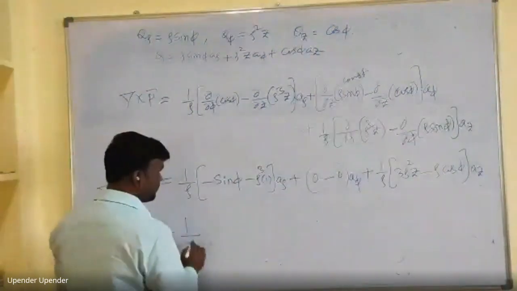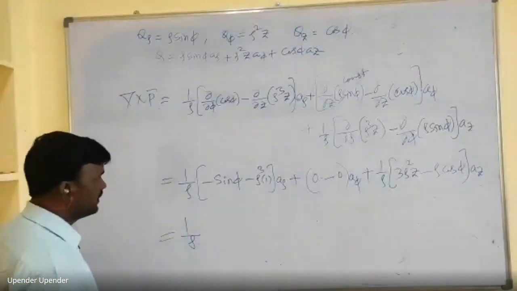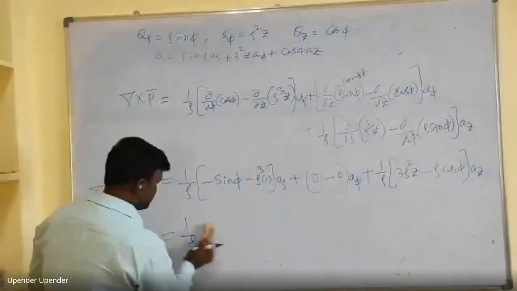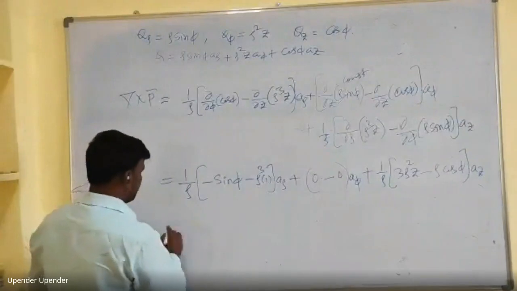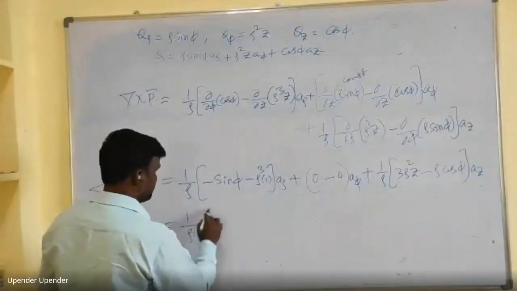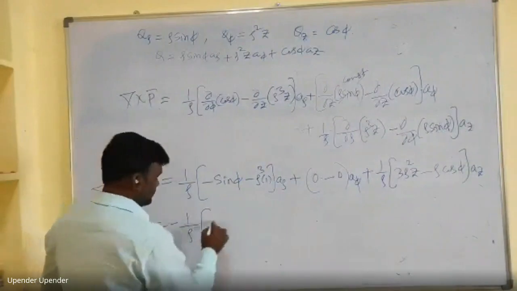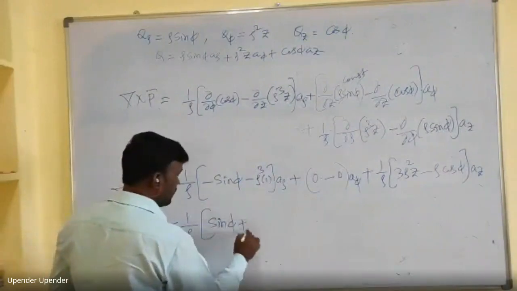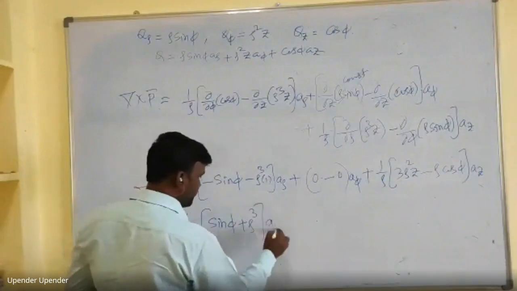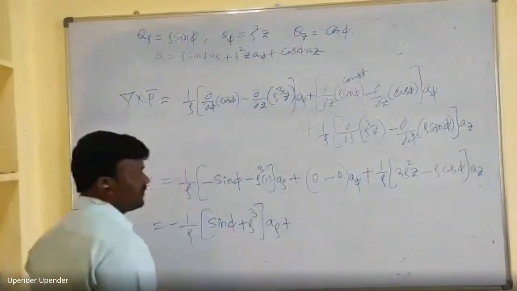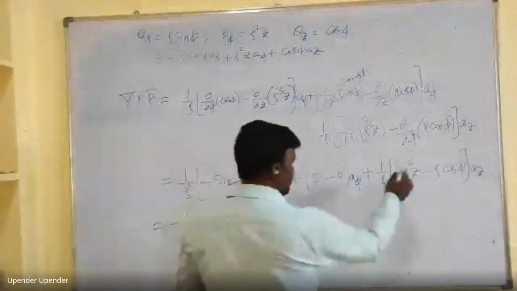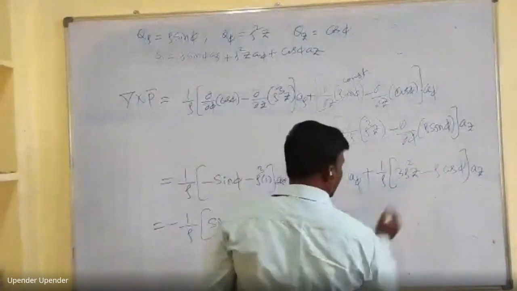We can write this as 1 by rho, or else we can take the minus sign as common, that is 1 by rho, minus 1 by rho sin pi plus rho cube into a rho, and here this rho cancelled out, here also rho cancelled out.